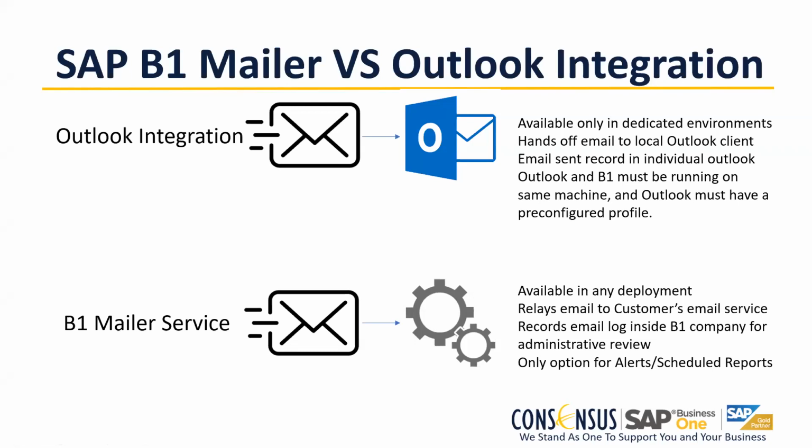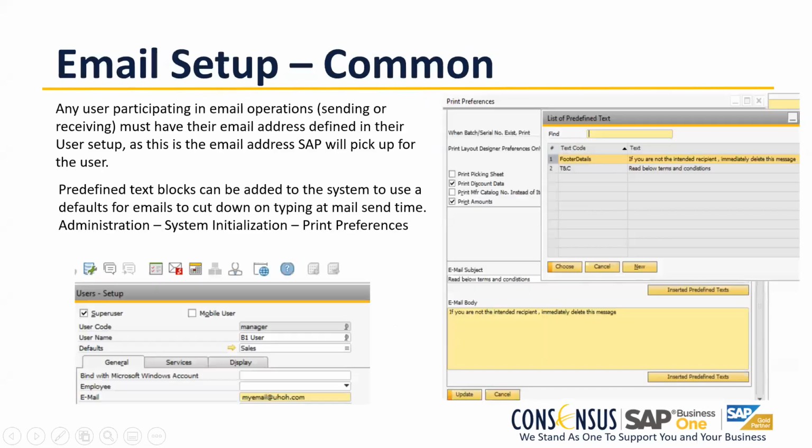So if you're the sales team supervisor, for example, and you want to see quotes that are going out daily or by the week, you could run a report inside of Business One and you can see all of those emails that went out to what contacts and their attachments and content. You can't really do that with Outlook integration because the email goes directly through the user's Outlook profile. Okay, so there's cons there.